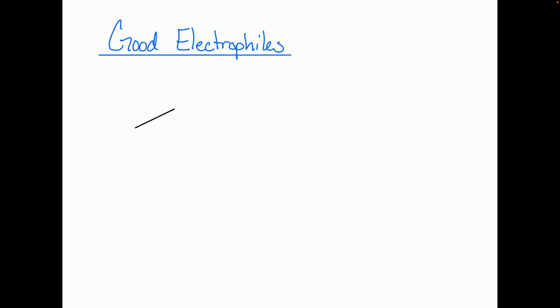This just goes back to what we were showing before. We have this polar bond, so we have this carbon atom here that lacks electron density, getting pulled away by my halogen. So it's a good electrophile because it lacks electron density, specifically that carbon.